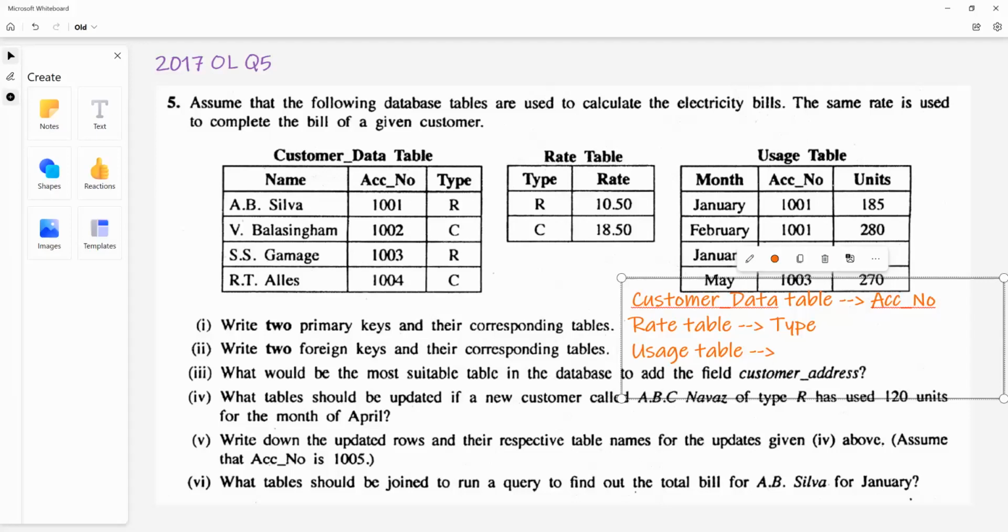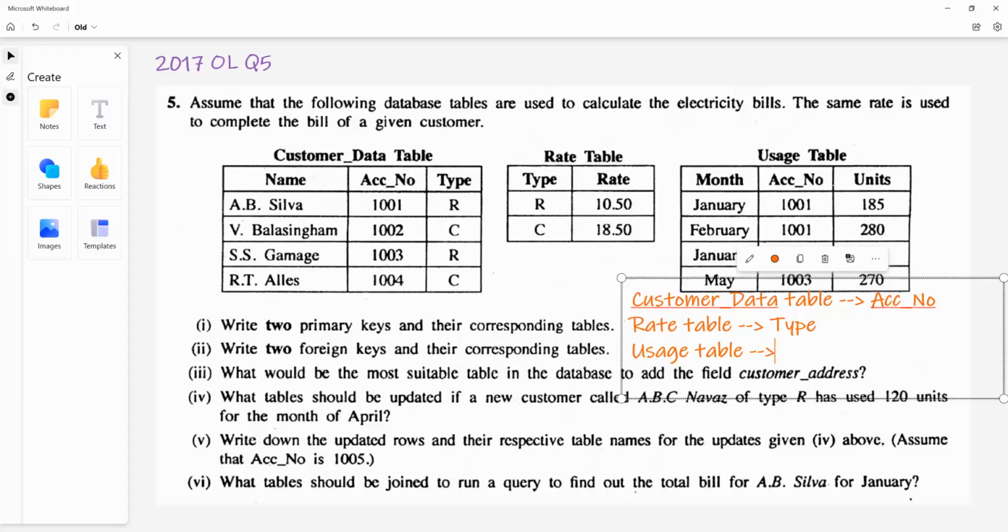Can you think of what might be the primary key for the usage table? Now we have to take more than one field. Any guesses? Account number. Yes, account number alone will not be sufficient. So we have to combine two.